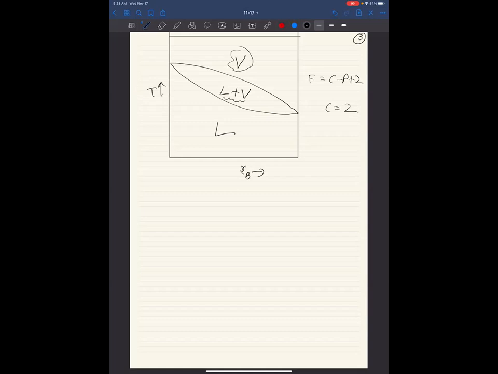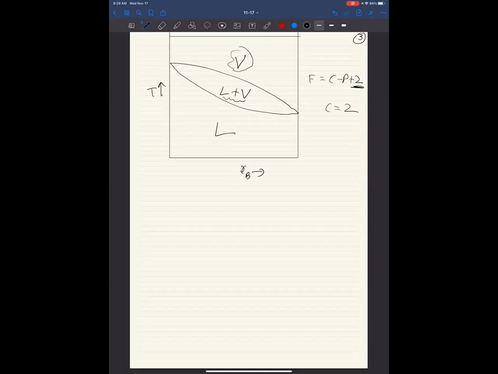How does that happen? The reason is pressure. Pressure is the other coordinate we are not considering. It's a good question. So this accounts for pressure. That's why some books don't write it as C minus P plus 2. They write it as C minus P plus 1.